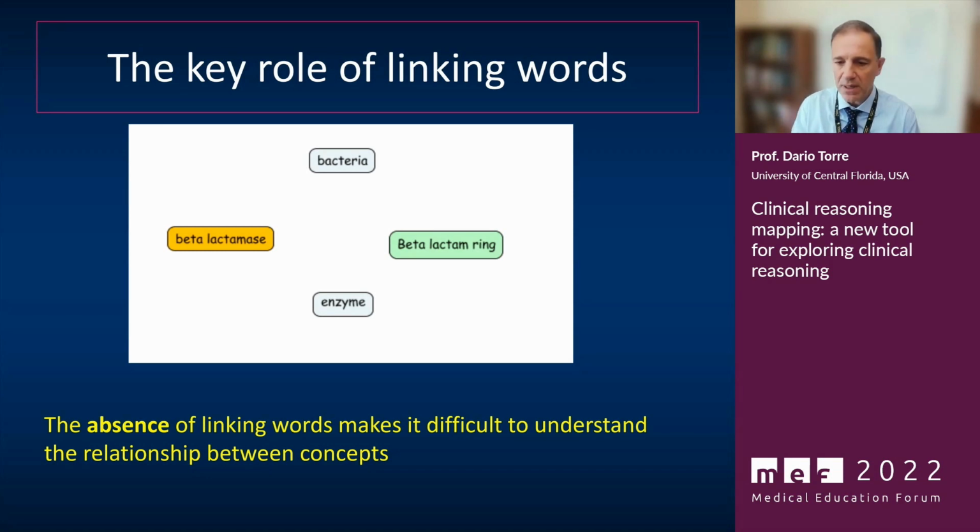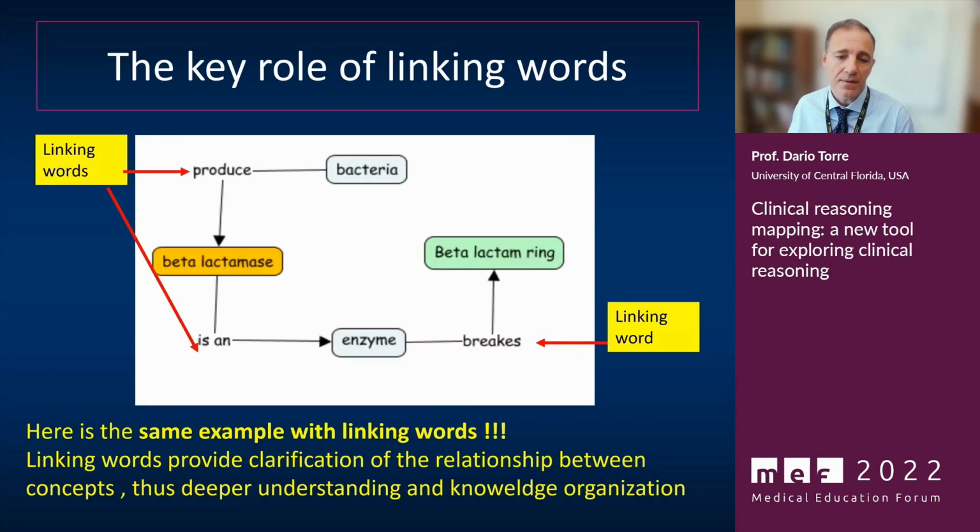So you have bacteria, beta-lactamase, a beta-lactam ring, an enzyme. Even if we were to draw lines in one direction or another, we would not have a full understanding of what the student is thinking. And to be honest, most likely it would be difficult for the student to demonstrate what their understanding is. Now, this is very different from this.